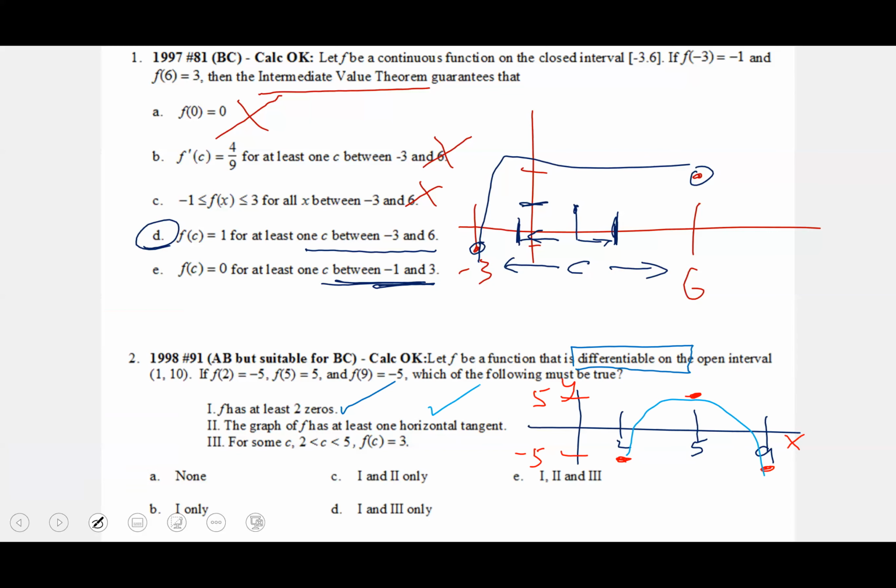Okay, and for the last one, for some value between x equals 2 and 5, the y value must be equal to 3. But we already have 5 though. We do know what 5 is, yes.